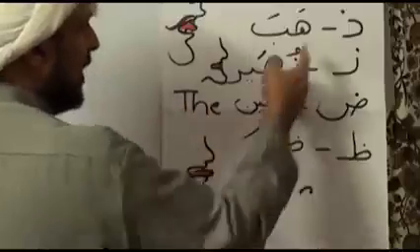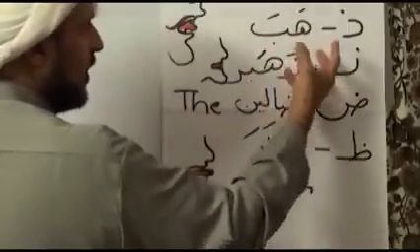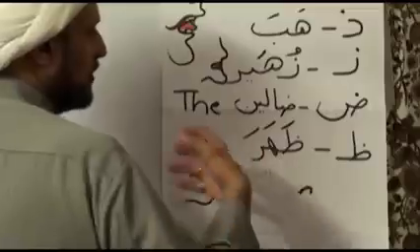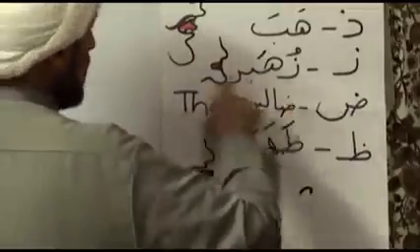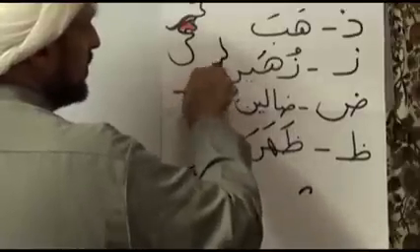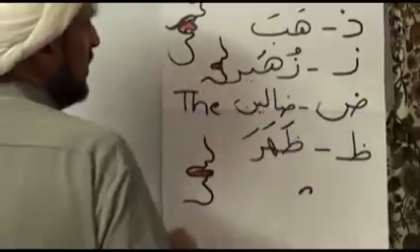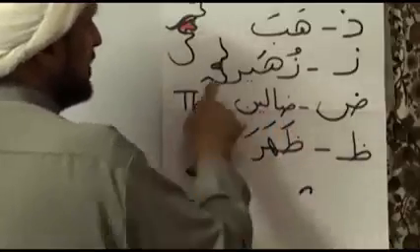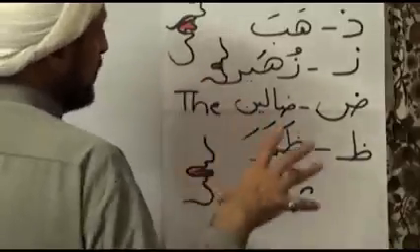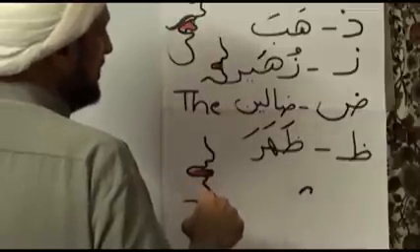Dhahara, dhahaba, light. Dhahara, there's a stress. So the tongue is further out. And then with za, the tongue is not out at all. The tongue is behind the teeth, like an advertisement for toothpaste.